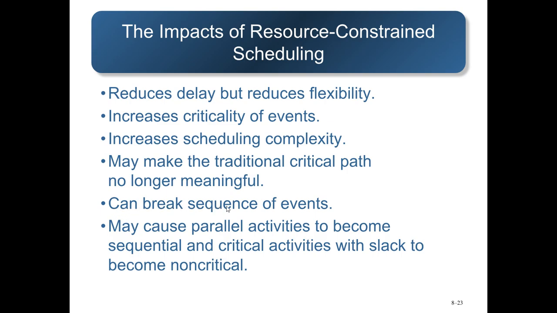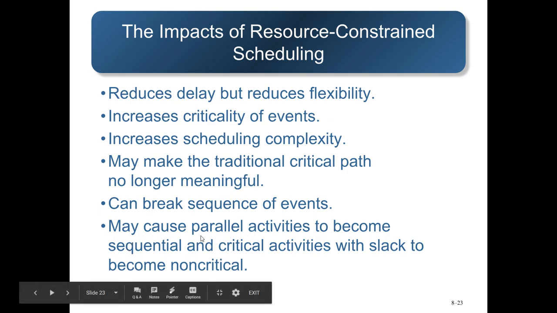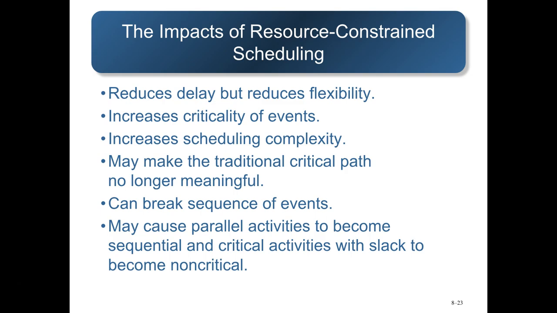Next, it can break a sequence of events. We've seen on the Gantt chart that there were activities that were delayed since we need to maximize the resources. And lastly, it may cause parallel activities to become sequential and critical activities with slack to become non-critical.